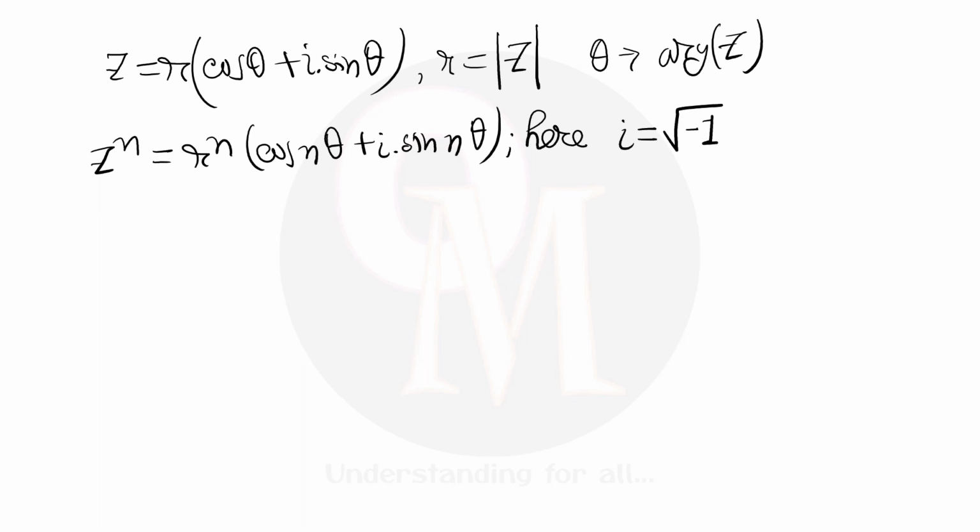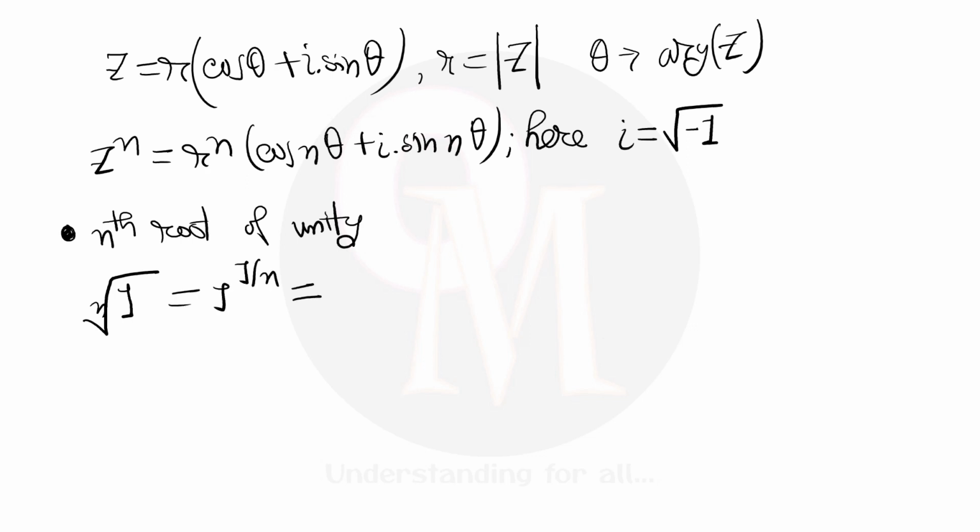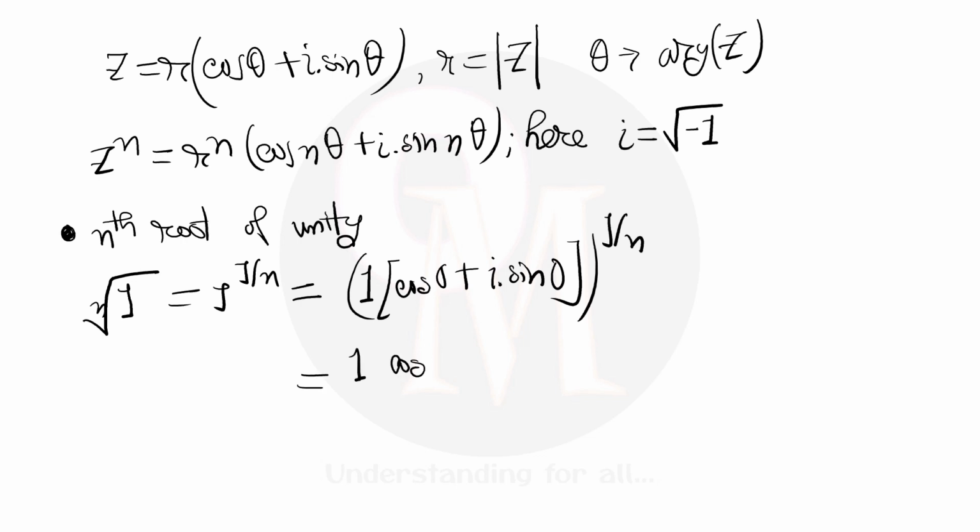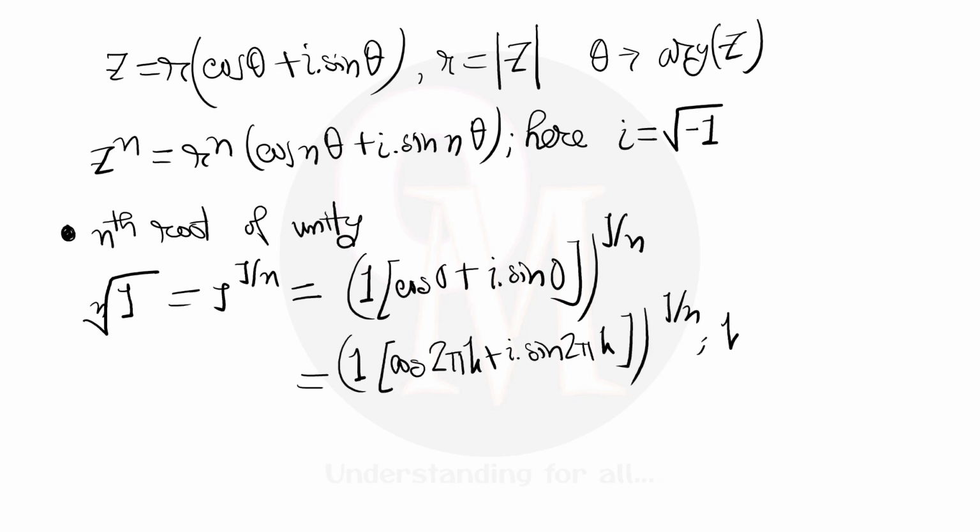Now if we have to find the nth root of unity, that is 1 to the power 1 by n, 1 can be written as (1 into (cos 0 plus i sine 0)) whole to the power 1 by n, or it can also be written with cos 2 pi k plus i sine 2 pi k, where k is equal to 0, 1 and goes on up to n minus 1.